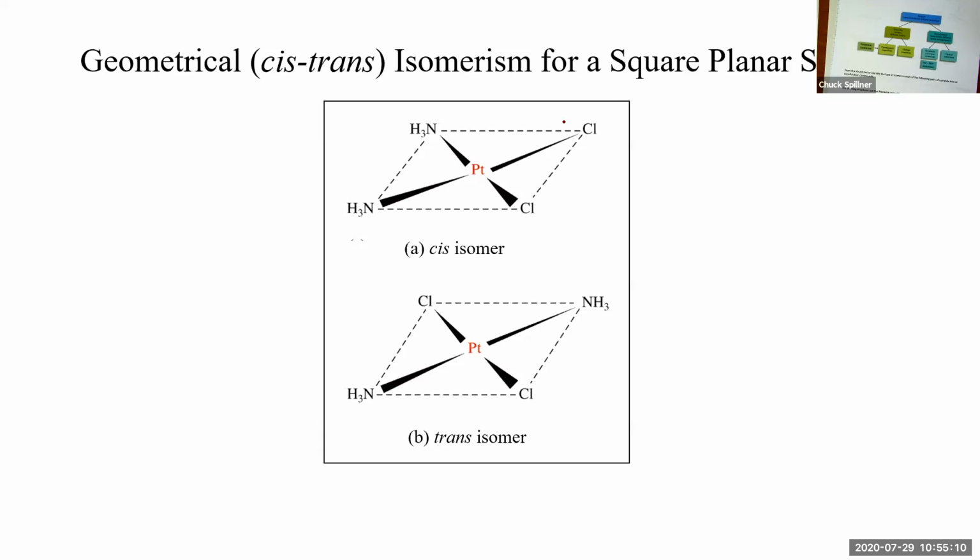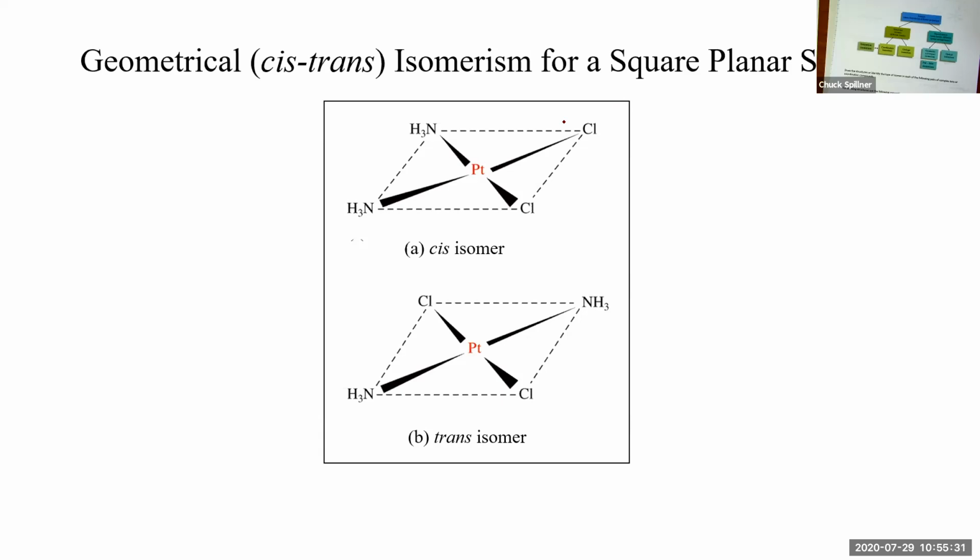If you had all amines, it wouldn't work. If you had all chlorines, it wouldn't work. So not all complex ions can have cis-trans. The case has to be where you have two of one kind of ligand and all the other ligands are different.